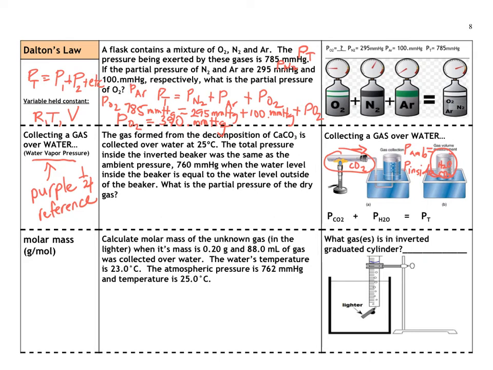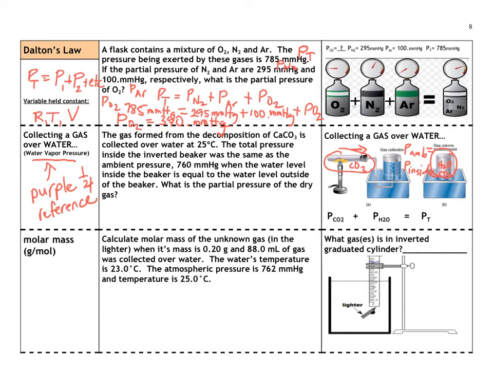As long as the water levels are equal, the water level on the outside and inside of here, you know that the pressure inside here is equal to the outside ambient pressure. That's why you have to equalize the water level in the inside and outside. Otherwise, they're not equal. So the total pressure equals the partial pressure of carbon dioxide and the water vapor that will vaporize over time inside this flask. So solving this problem, we read it carefully.